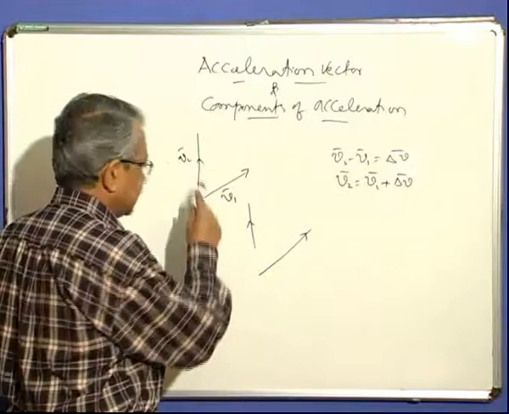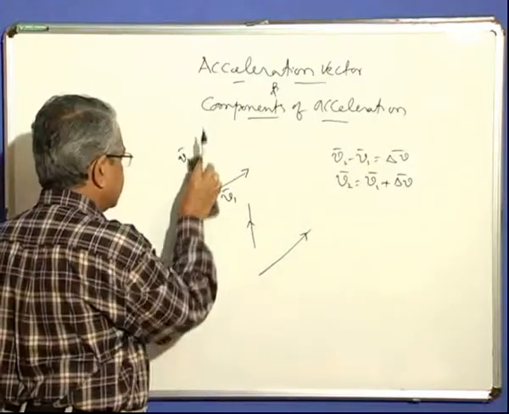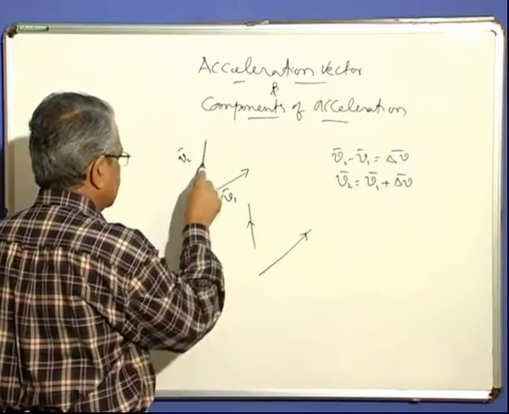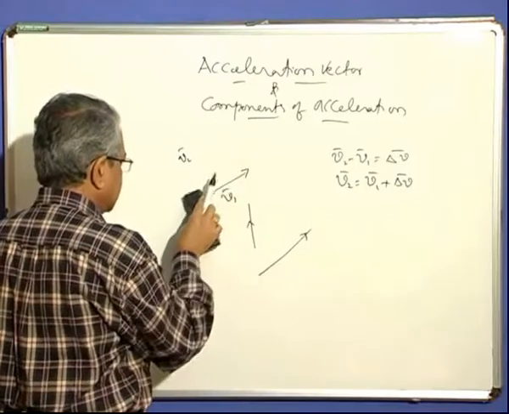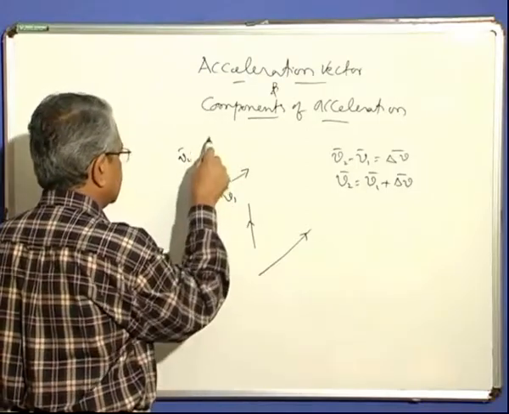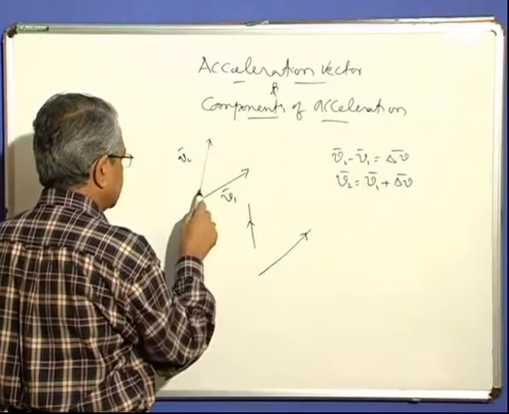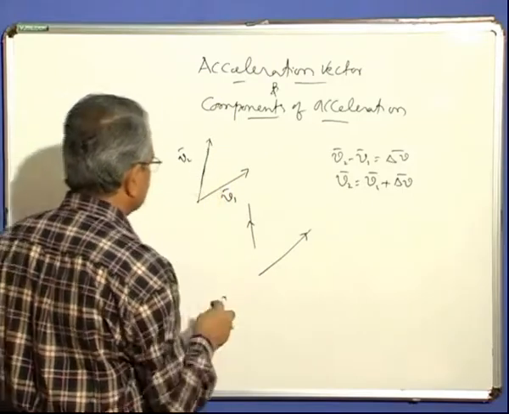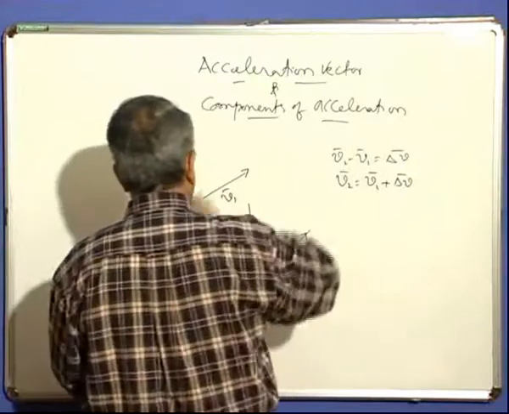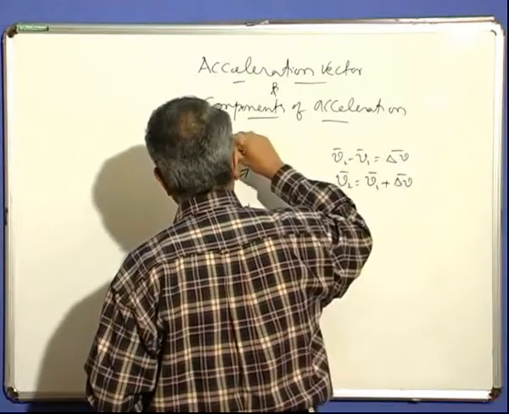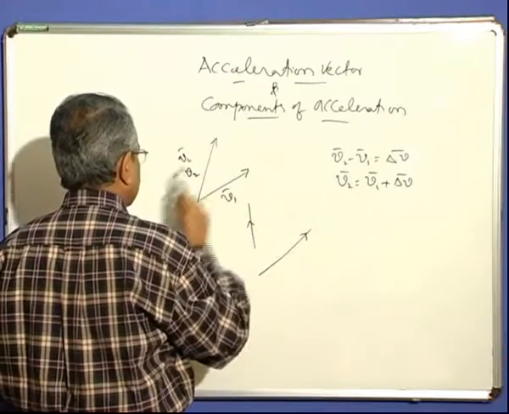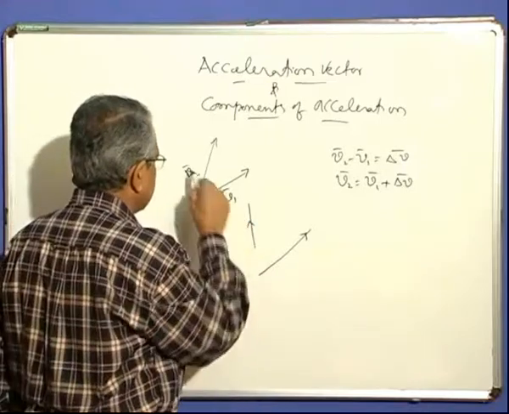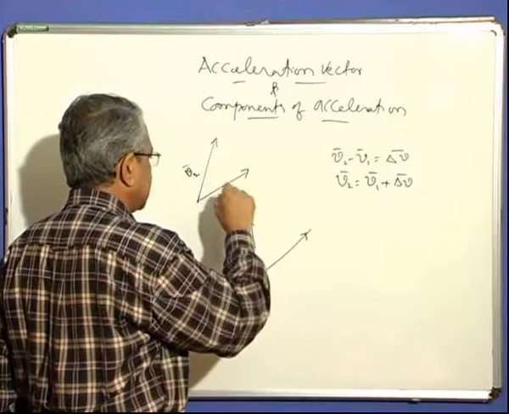So if you see in the vector diagram here, if this is v1, that is v2, this is the final velocity, this is the initial velocity.